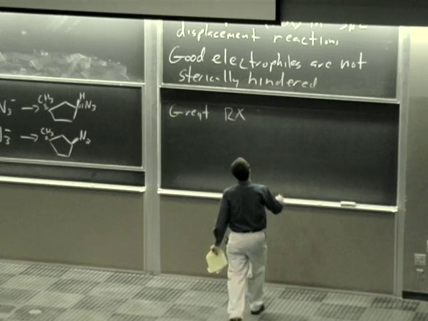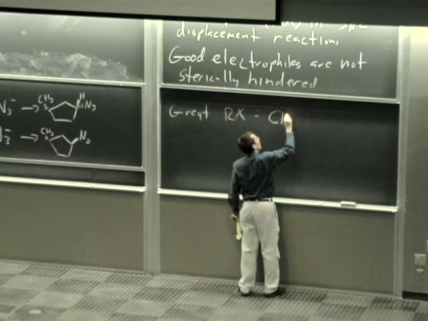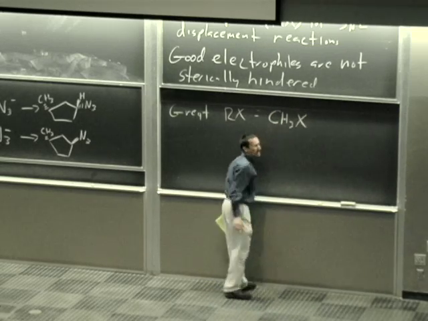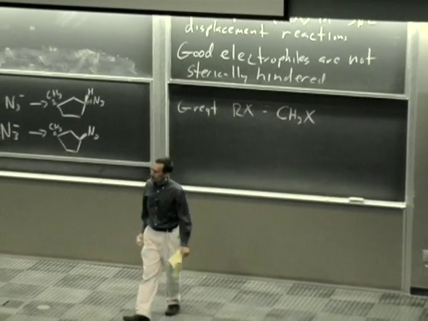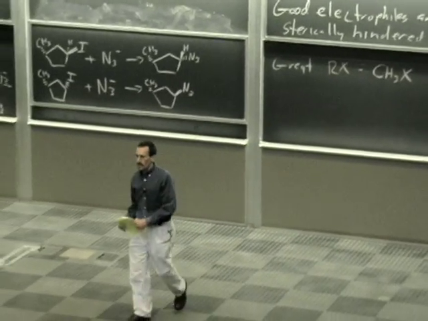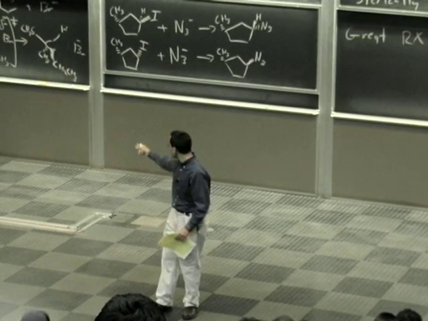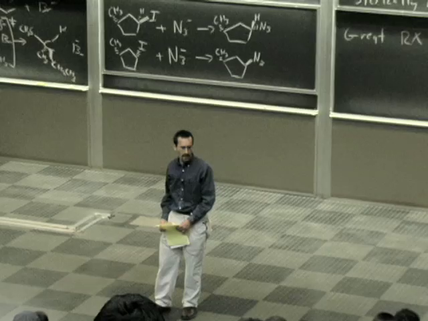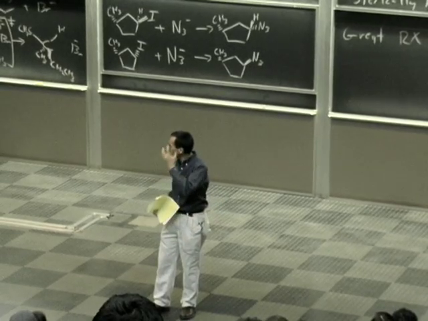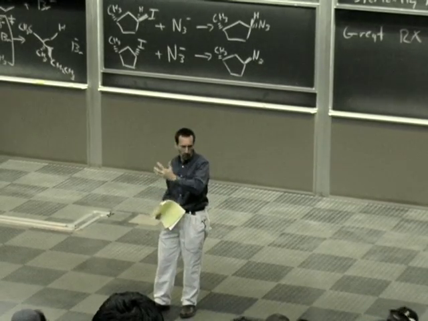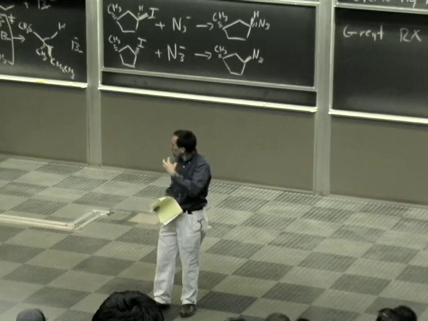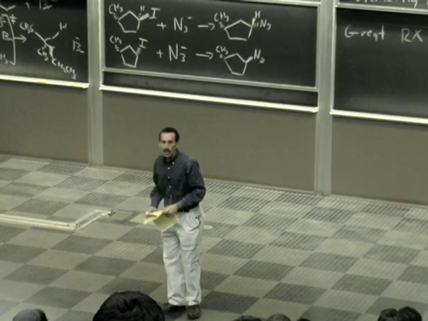So for example, methyl halides are obviously the least sterically hindered you can get. There are 3 hydrogens on that carbon that's getting attacked. It's not like here where we had an ethyl group or a methyl group on it. Obviously, the easiest case for a nucleophile to get in close enough for that backside attack.